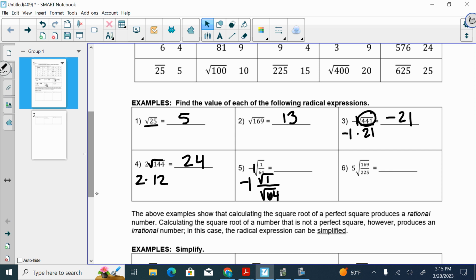What is the square root of 1? 1. According to our chart, it's just 1. And we had that -1 in front. And what's the square root of 64? 8. So we've got -1 and 1/8. And what do I do with those numbers? What do we do with them? Multiply, right? So I've got -1 times 1/8. What's -1 times 1/8? -1/8.